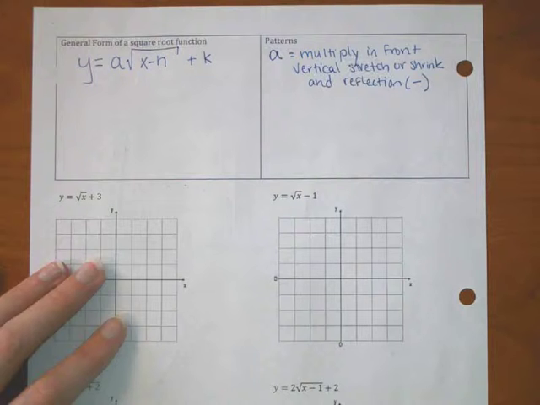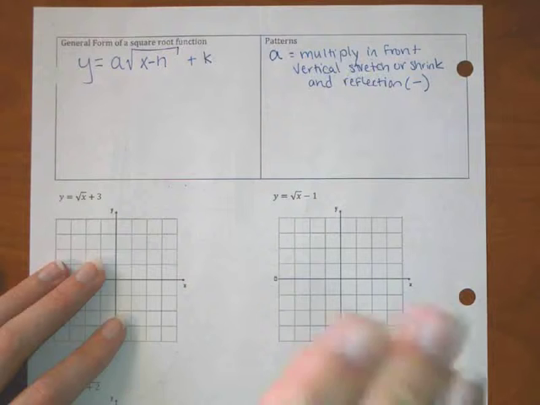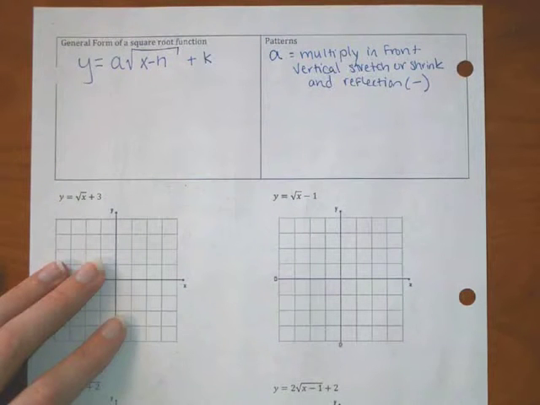If I multiply something by 2, am I stretching it or shrinking it? I stretched it. What if I multiplied it by a half? Shrink. So that cutoff is going to be 1. So if we multiply something by 1, does it change it at all? No. So if we multiply it by something bigger than 1, then it's a stretch. If we multiply it by something less than 1, then it's a shrink.